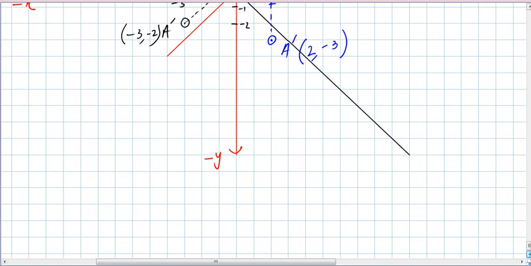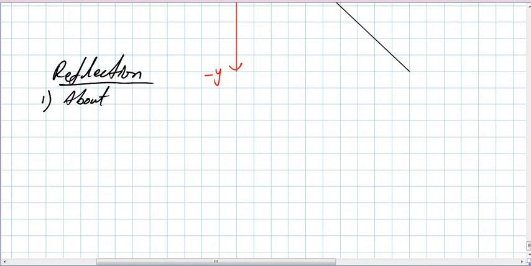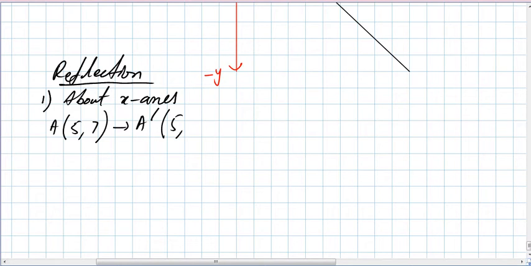So now we can easily write the reflection about 4 lines. Now come to the points which we can write about. I am writing the reflection about the x-axis. You saw that the point, if we have 5 comma 7, becomes after the reflection 5 comma minus 7. The y value sign changes.